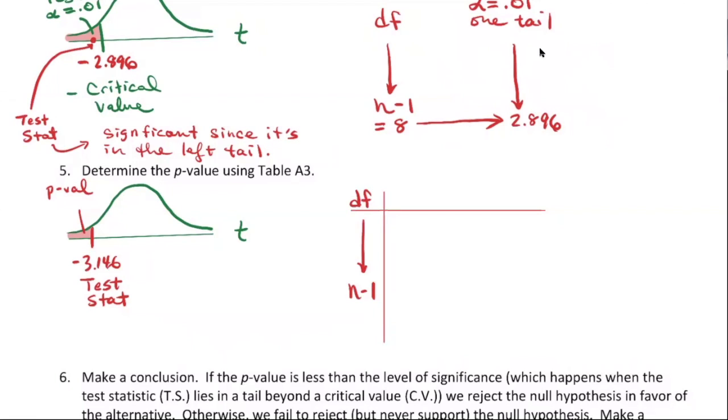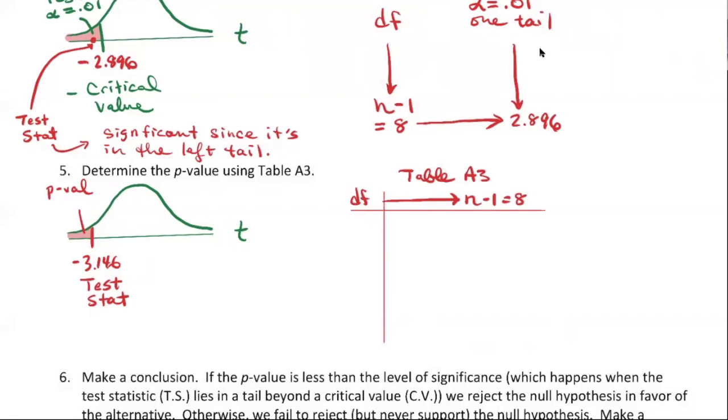Degrees of freedom is still n minus 1. I think the degrees of freedom go horizontally this time. So forgive me while I do degrees of freedom that way. This is table A3. Again, the degrees of freedom are n minus 1. So here that's going to be 8.